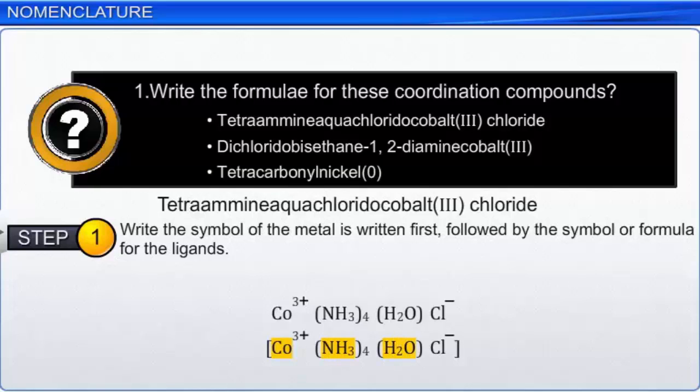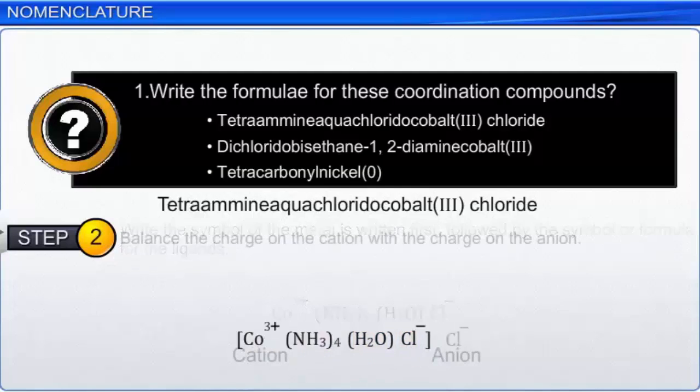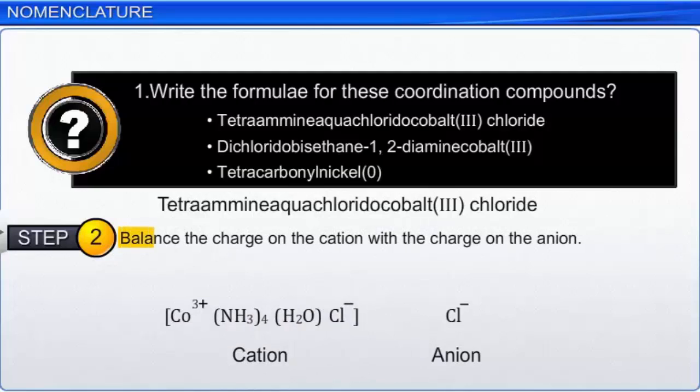The next task is to balance the charge on the cation with the charge on the anion. Since ammine and aqua ligands are neutral, and there is only one chloride ligand inside the coordination sphere, the charge on the complex ion is +2.